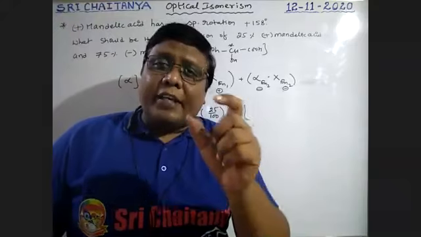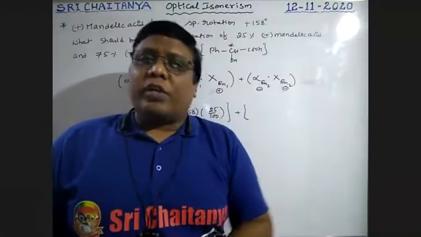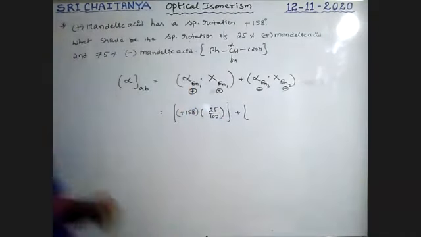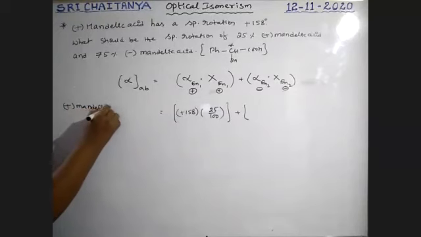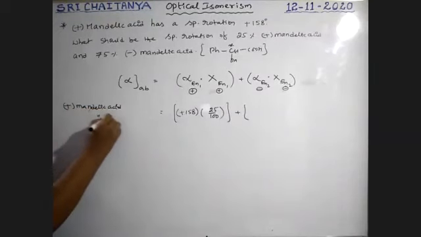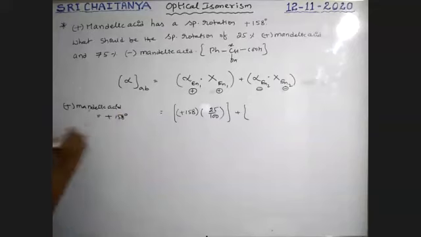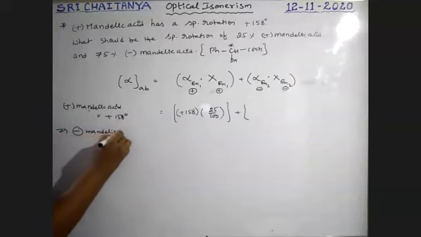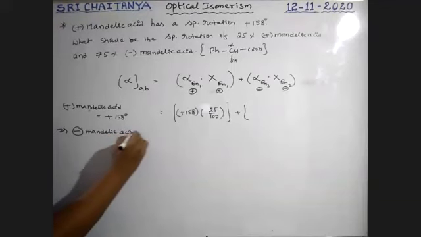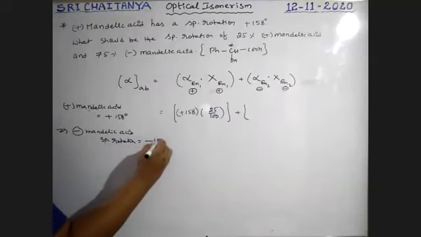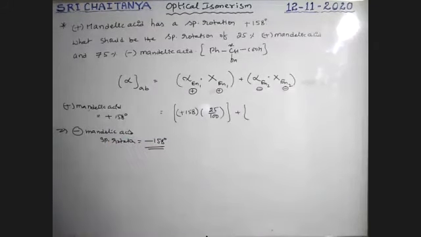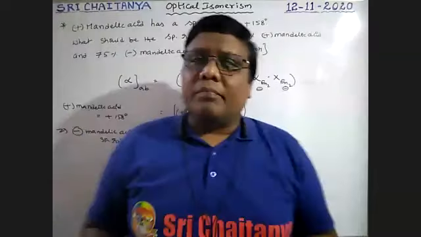Enantiomers' magnitude is the same but opposite in rotation. So plus mandelic acid specific rotation is plus 158 degrees, which implies minus mandelic acid specific rotation is minus 158 degrees, because it is opposite in sign but the magnitude is the same.